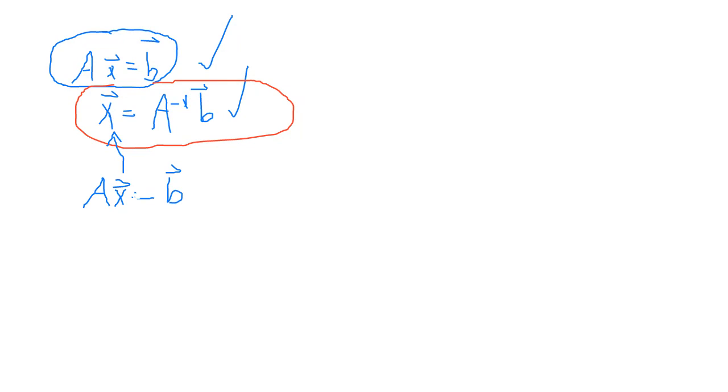Now if this solution vector X is a solution, when you do a check, what should AX minus B give you?